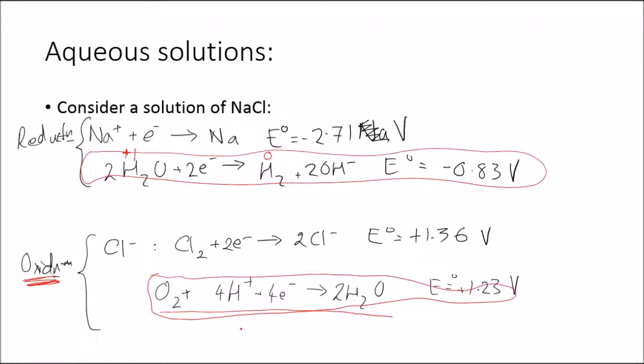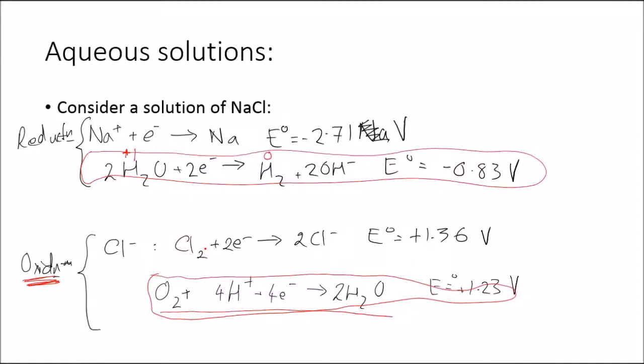The reason is, this is a really good example of non-standard conditions changing what happens. If we were to try and do this in a lab with standard laboratory conditions of the concentration of sodium and chlorine, we would find that basically no chlorine was produced.